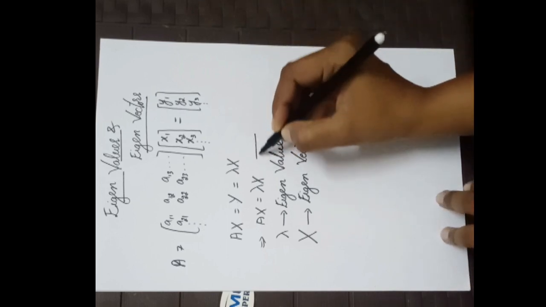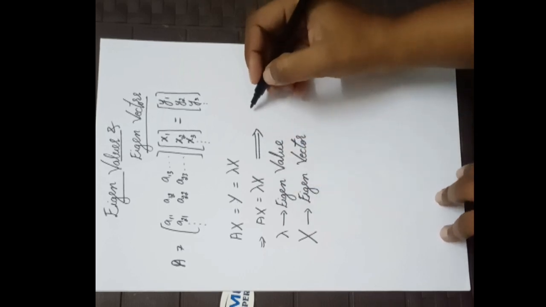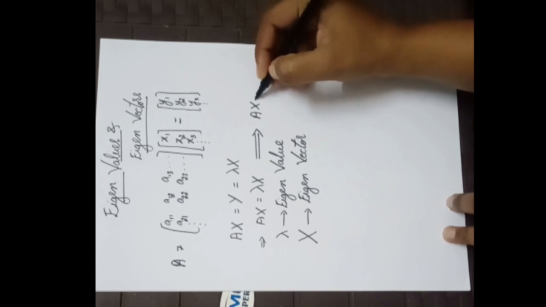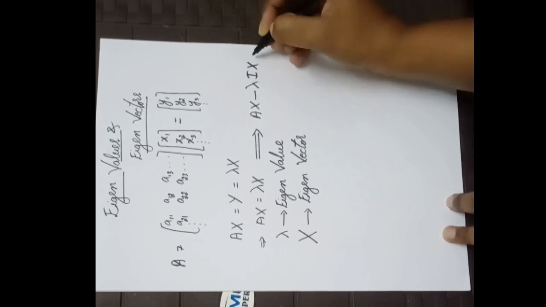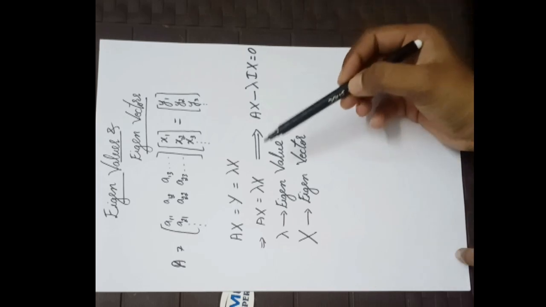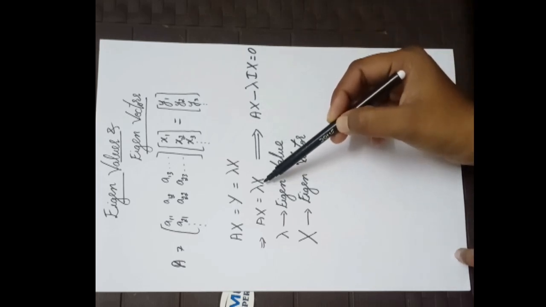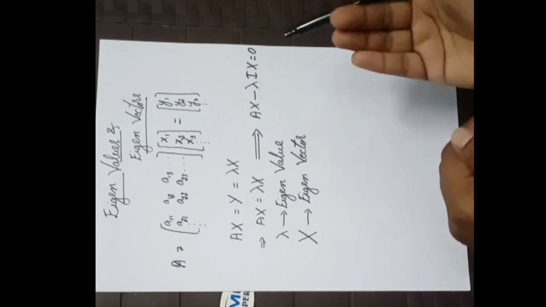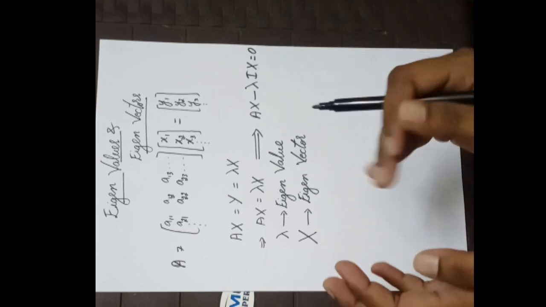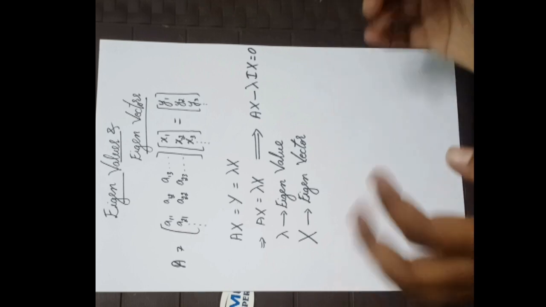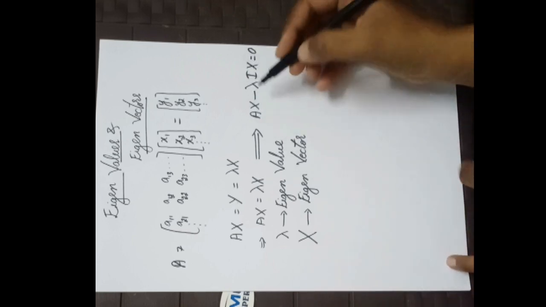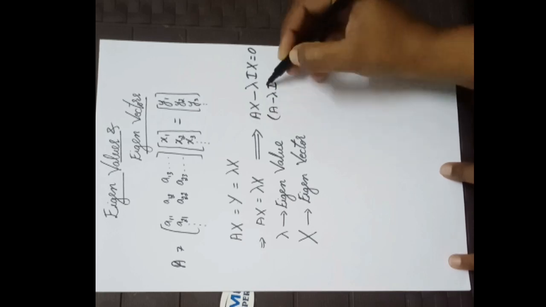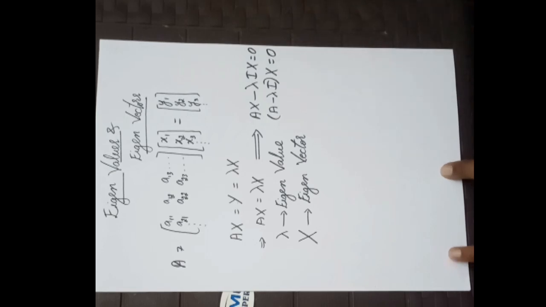Let's rewrite this expression once again. Ax minus lambda Ix is equal to 0. Here lambda X is there, and I am just multiplying this lambda X with I. I means the identity matrix. When we multiply a matrix with the identity matrix, nothing changes. So this gives one equation: A minus lambda I into X is equal to 0.